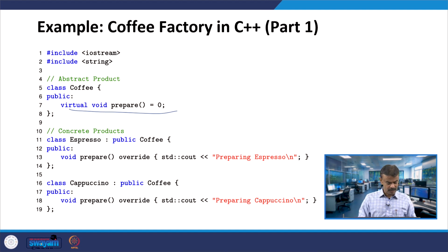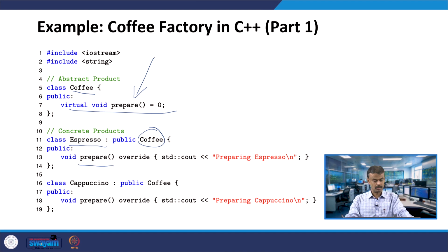And here I have class Espresso, publicly inheriting the class Coffee. Now, I have the void prepare member function. When I put equal to 0, it is an abstract class. So, this will be overridden, and then I am printing preparing espresso.